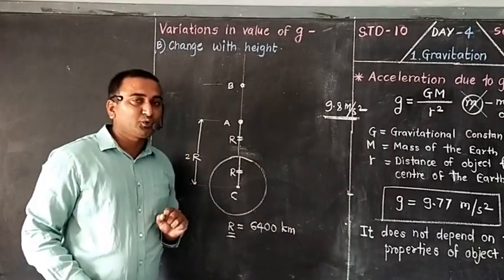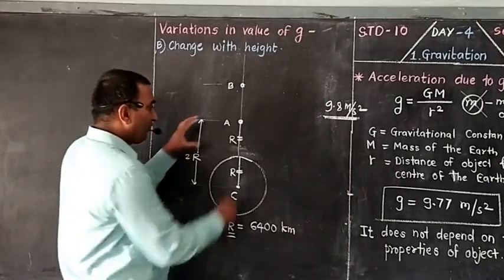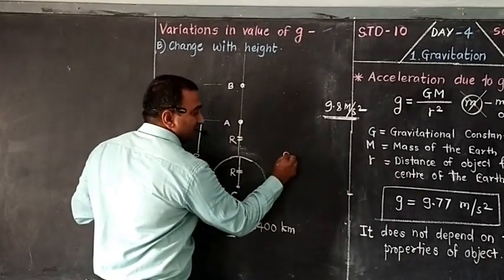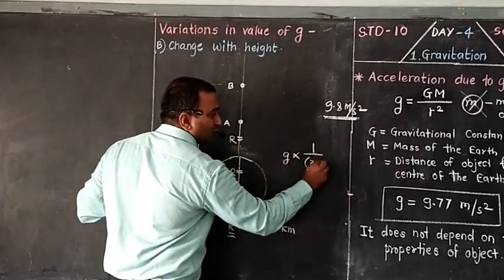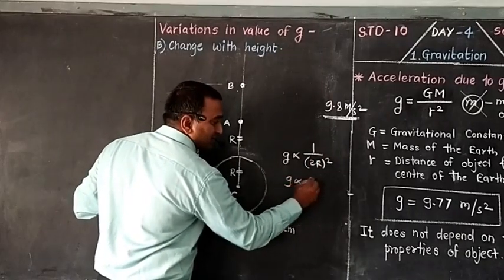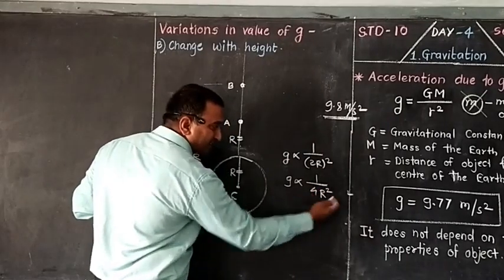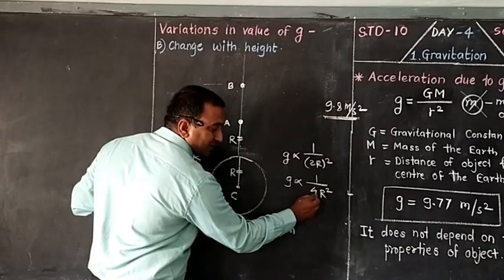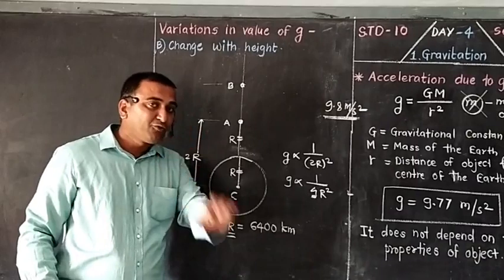Acceleration due to gravity is inversely proportional to r square. Then what value are we getting here? See, here we are getting g inversely proportional to 1 upon 2r square. That is g inversely proportional to 1 upon 4r square. So as we consider this constant, it decreases. 1 upon 4 means decreases by 4 times. Acceleration due to gravity decreases by 4 times.